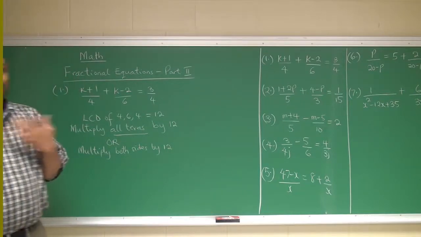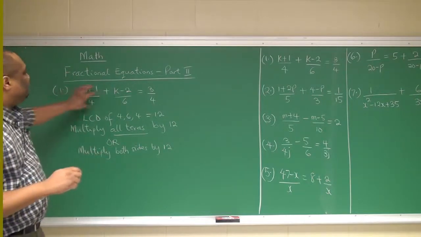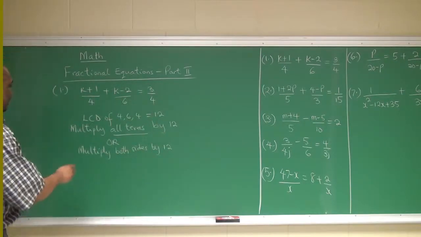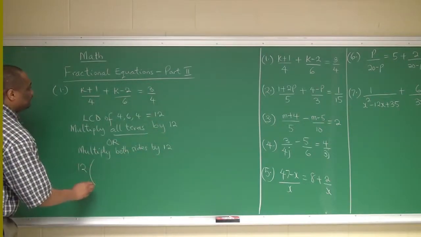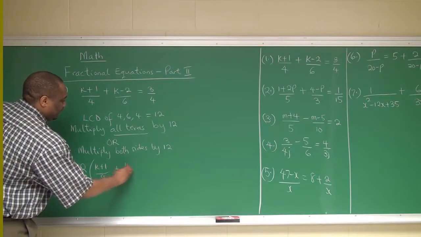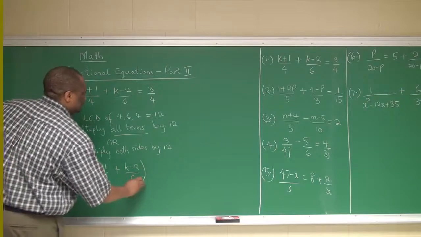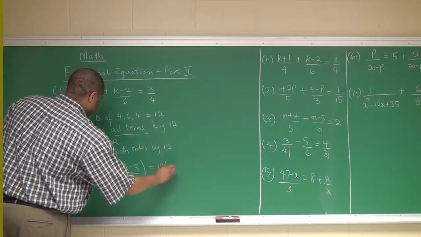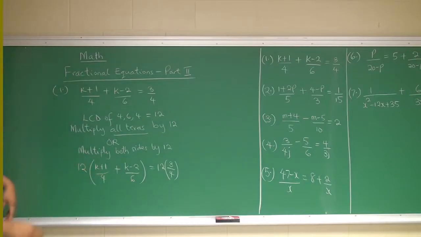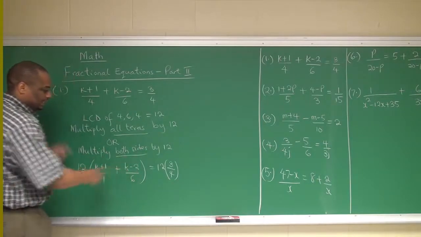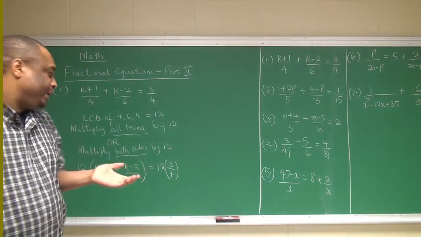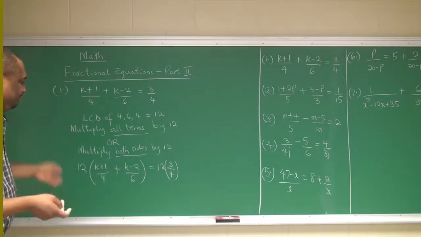If you choose to multiply both sides, that means you have the left-hand side and the right-hand side. So you have 12 times k plus 1 over 4 plus k minus 2 over 6 equal to 12 times 3 over 4. But if you choose to say both sides, you still have to use the distributive property.